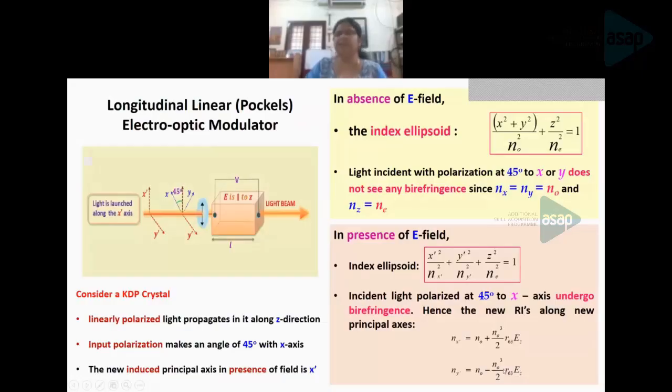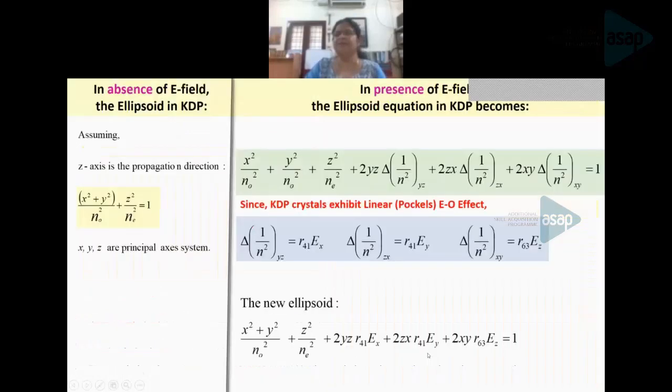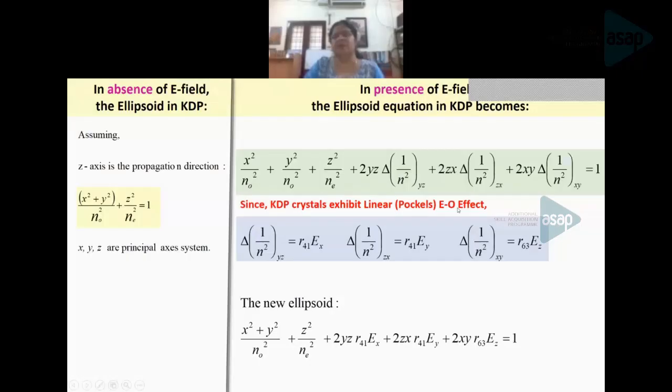Now, let us go back to the old equation. This is the index ellipsoid equation. Here, these are the new changes, okay, because of the presence of electric field. So, since KDP crystal exhibits linear electro-optic effect, we can write the change in refractive index, or this is actually the impermeability factor, delta of 1 by n square.